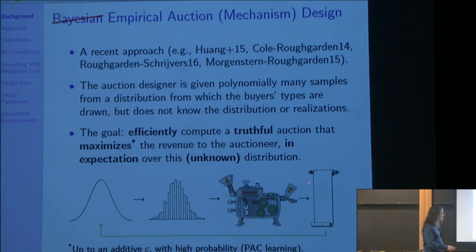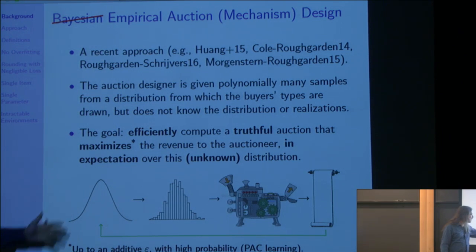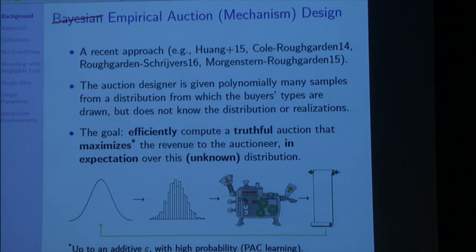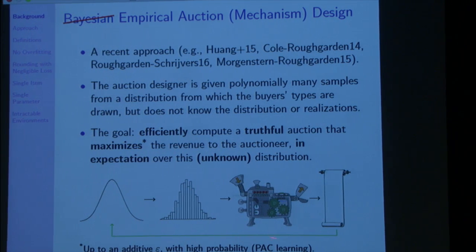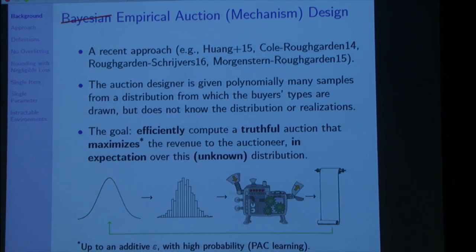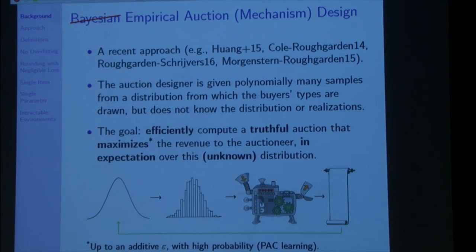Now, when I say that this auction should maximize revenue over this distribution, then obviously I mean up to an additive epsilon, because we can't get perfect maximization, and with high probability. So if you think about the optimal auction for a distribution as a property that you wish to learn, the goal here is to PAC learn an optimal auction for this distribution from samples.